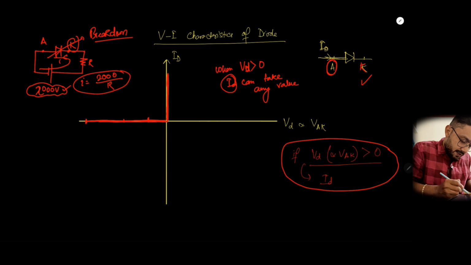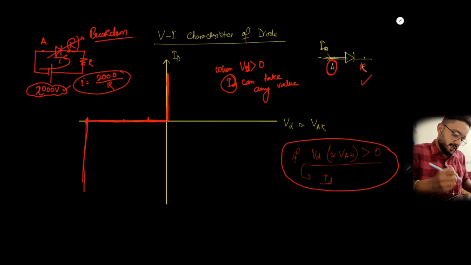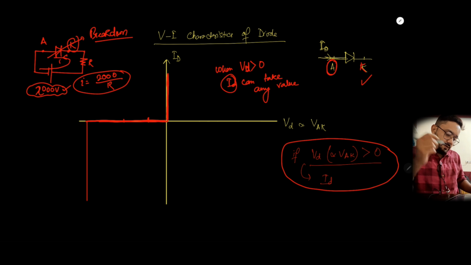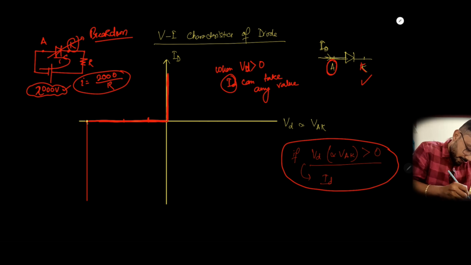So up to a certain limit, suppose this is the limit. After this limit, the characteristic will look like this. And this point is the breakdown voltage.